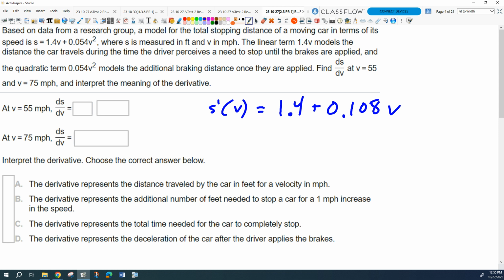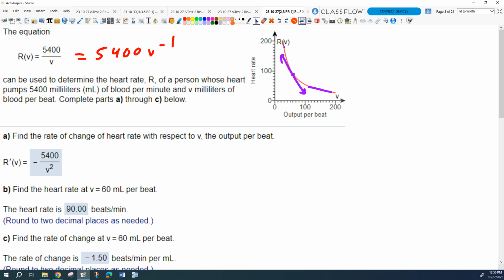Somebody plug that in. You've got to pull up Desmos on your phone or your calculator or something. 7.34. Okay, 7.34. What would the units be? Let's go back for just a second to that last one and compare what we did there.